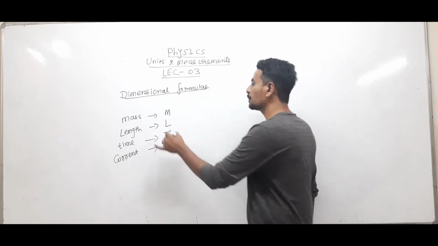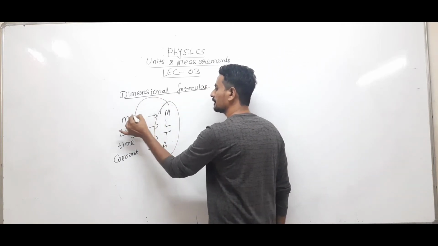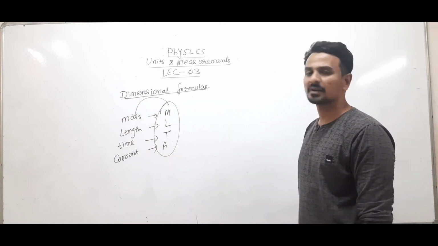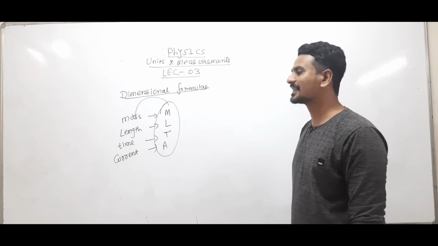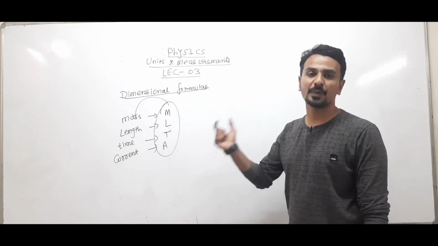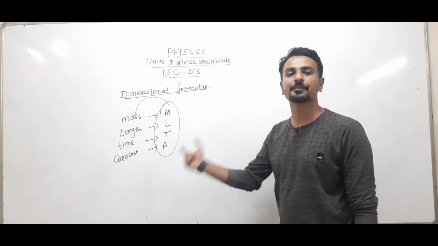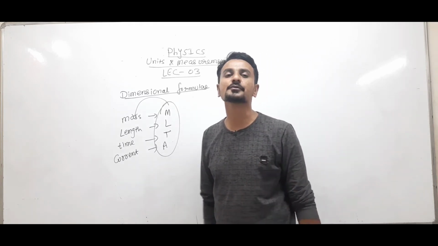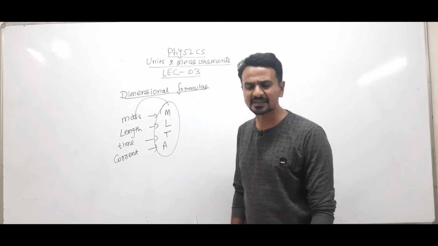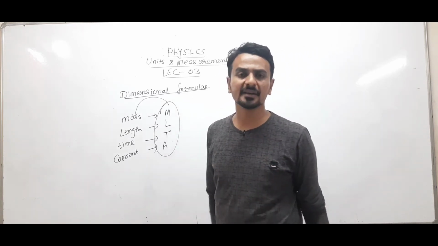So these are the symbols of the respective physical quantities. Whenever you are representing any physical quantity with appropriate powers, that is what is known as the dimensional formula for that physical quantity. We will take an example so it will be more clear to you.